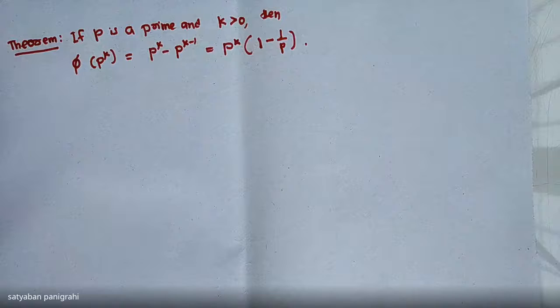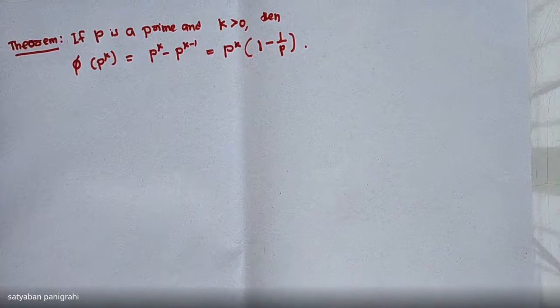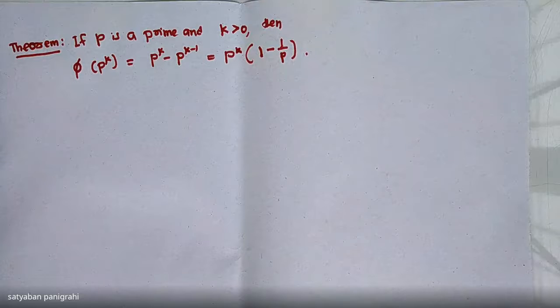Okay, let's clearly see this statement. If p is a prime number and k is positive, or k is greater than 0, then phi of p to the power k equals p to the power k minus p to the power k minus 1.